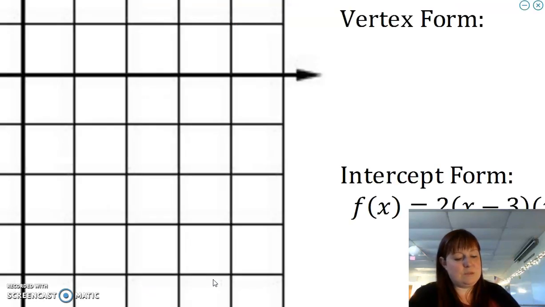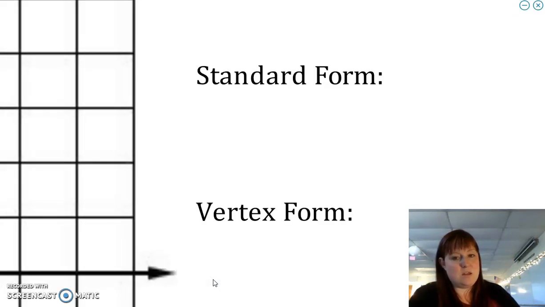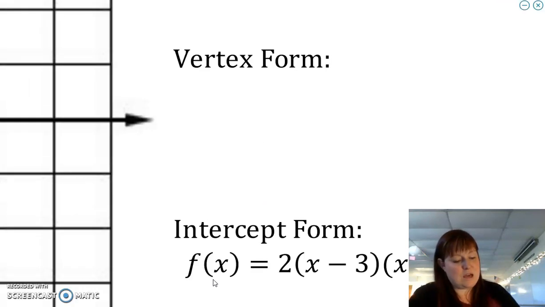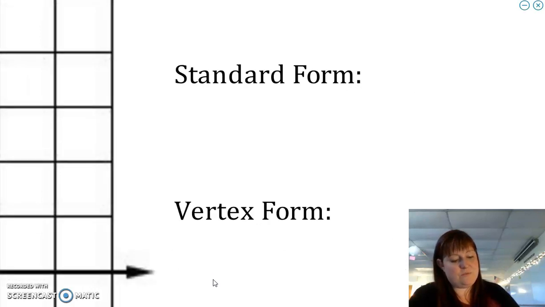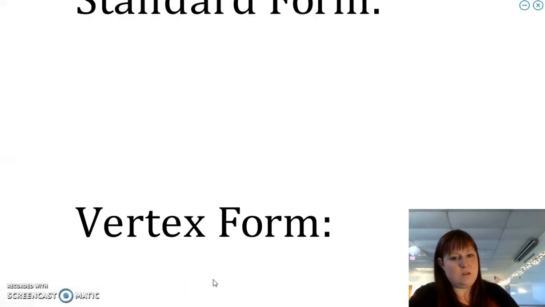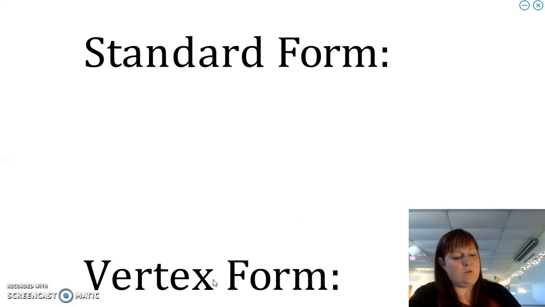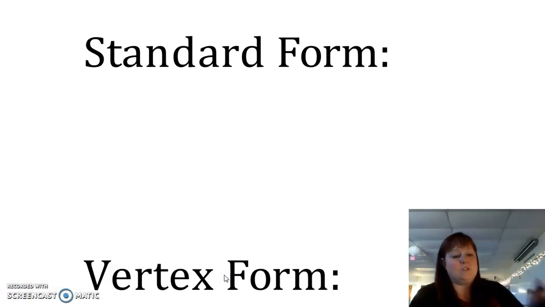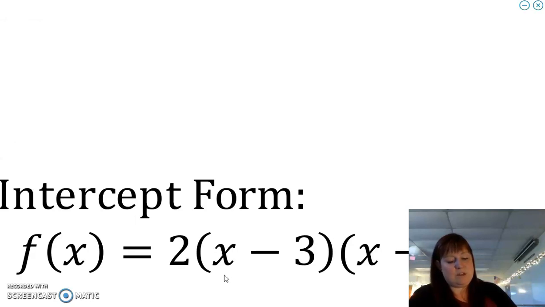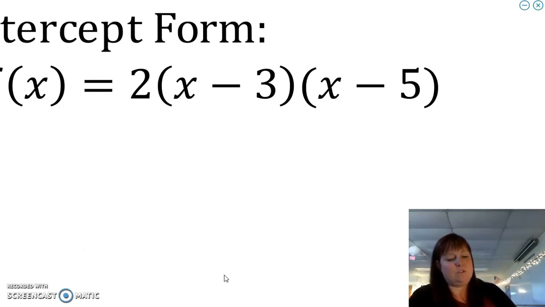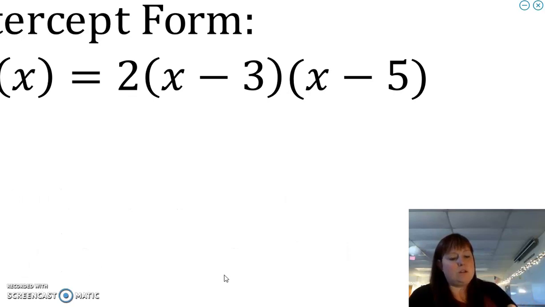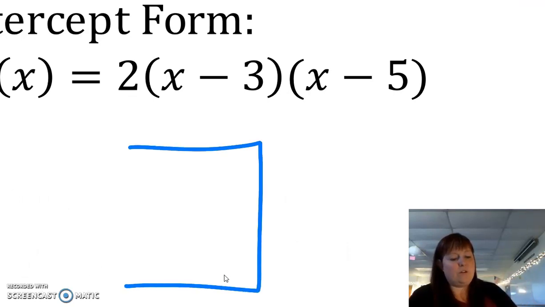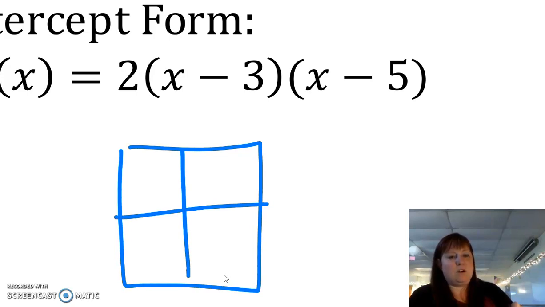So I'm going to make this nice and big so I can have plenty of space to write. Okay, x minus 3 and x minus 5. So, to multiply these out, you could use FOIL or you could use the area model, which we call the box.